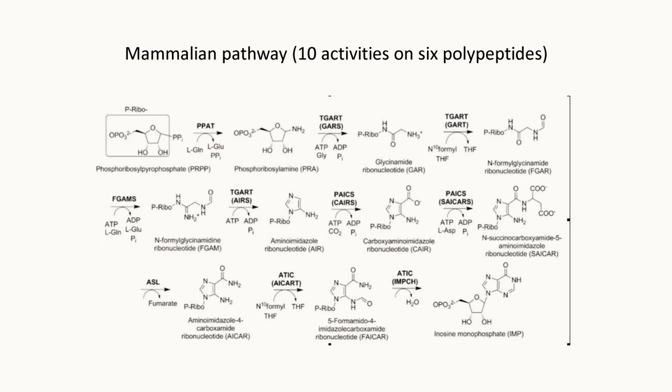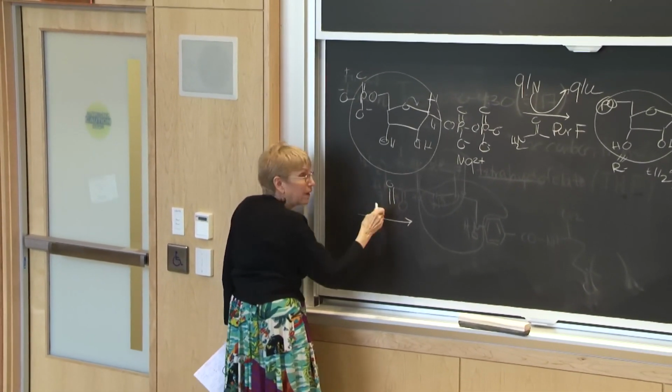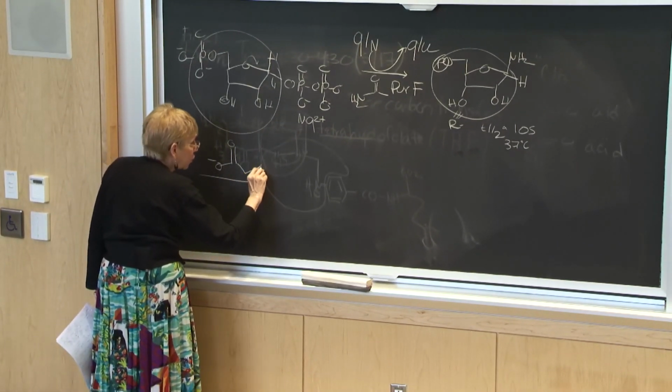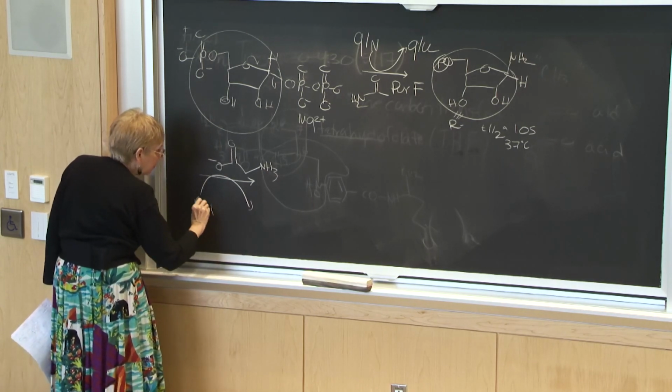How do you activate an amino acid? You've seen activation of amino acids now many times. What are the two ways you can activate amino acids? Either adenylate or phosphorylate. So that's a paradigm that you see over and over again in nature. This enzyme uses ATP.